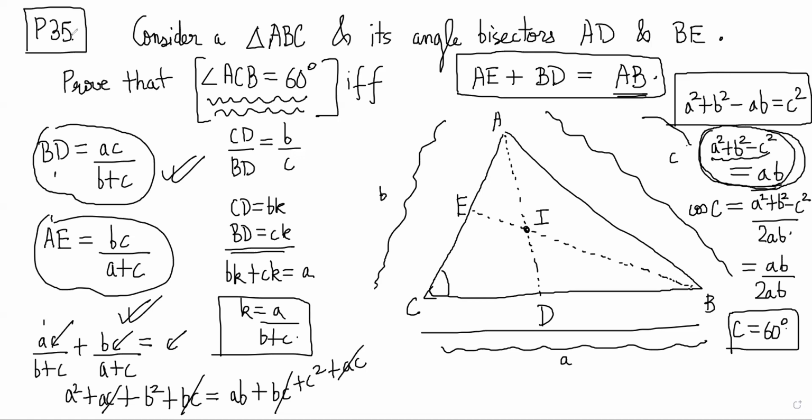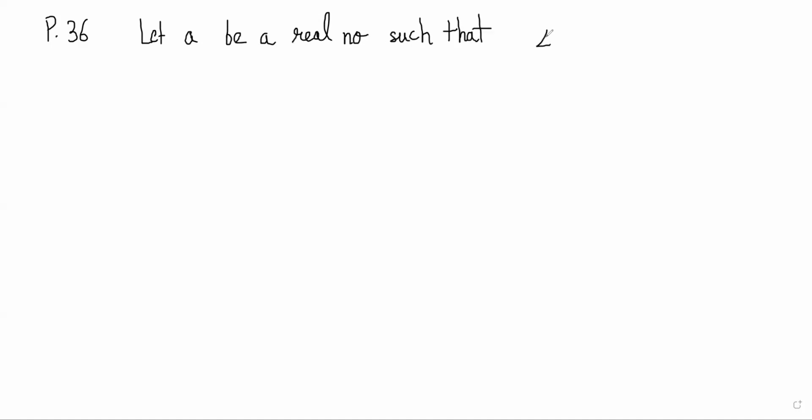I will give a couple of problems as homework. This is problem 36. Let A be a real number such that 4 to the power 2a plus 1 plus 1 by 4 to the power 2a minus 1 is equal to 2017.